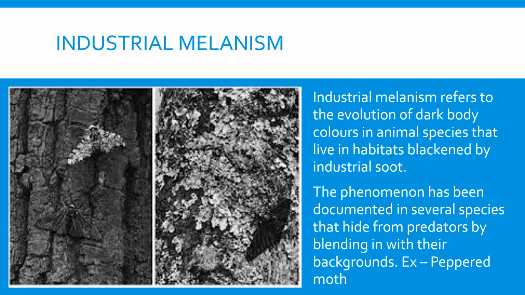Natural selection acted through the agency of the birds, and the light colored moth easily became prey eaten by the birds. So the dark variety of moth now survived better, left more offspring and almost nearly replaced the light form. This phenomenon has been called industrial melanism.